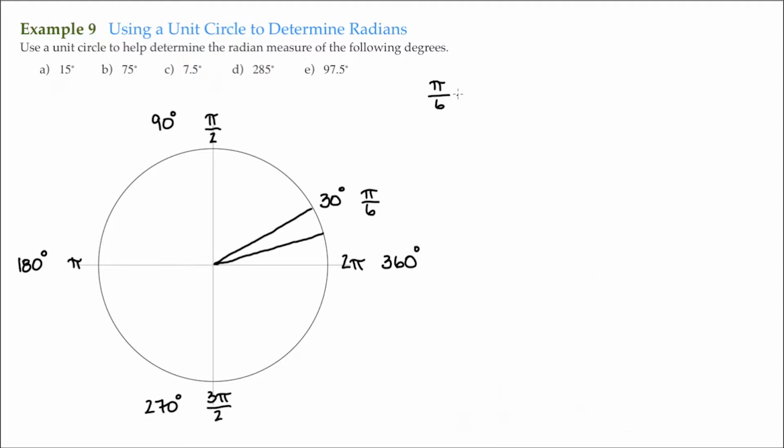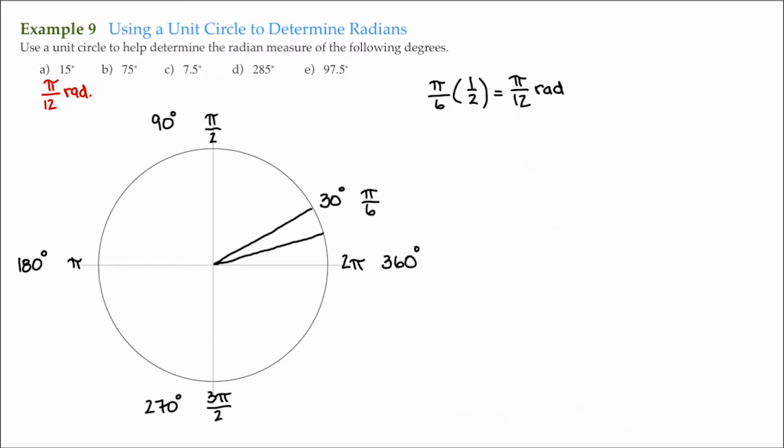So pi over 6 times 1/2, that's pi over 12. So 15 degrees is pi over 12 radian. And we're strictly using our understanding of our unit circle, both in degree measure and in radian measure.